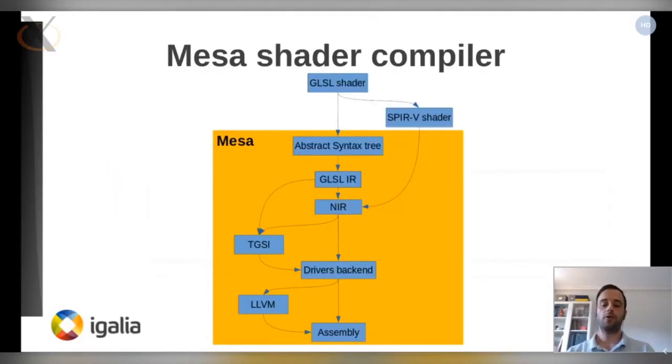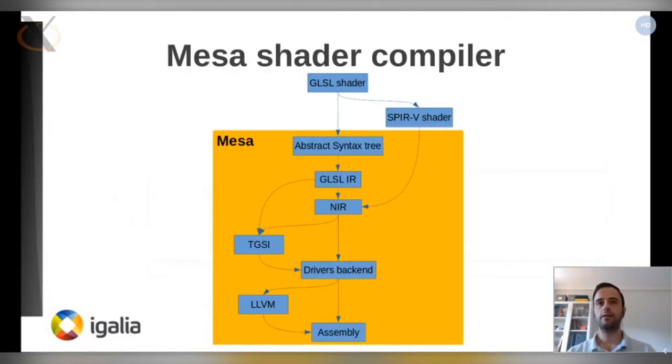Before talking about how to analyze SPIR-V opcodes, let's start with a diagram of the Mesa shader compiler architecture. We typically start with a GLSL shader that can be compiled directly by Mesa, like, for example, in the case of OpenGL, or we can process a SPIR-V shader.